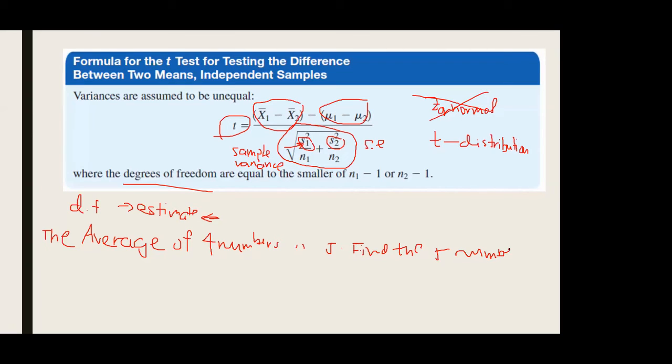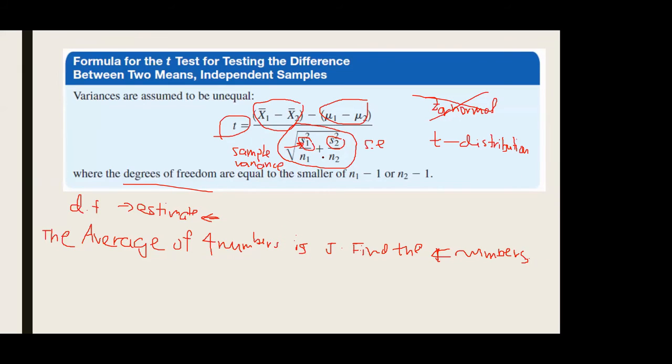Okay, yan yung question, no? So what are those 4 numbers? The average of 4 numbers is 5. Okay? Find the 4 numbers din. So ano yung 4 numbers such that ang average niya is 5? Can you give me one?